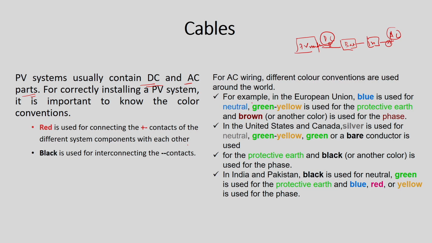The color code used in the European Union is different from the color code used in other countries. In the case of India and Pakistan, black is used for neutral, green is used for protective earth, and blue, red and yellow are used for phase. So, these kinds of color conventions are used.